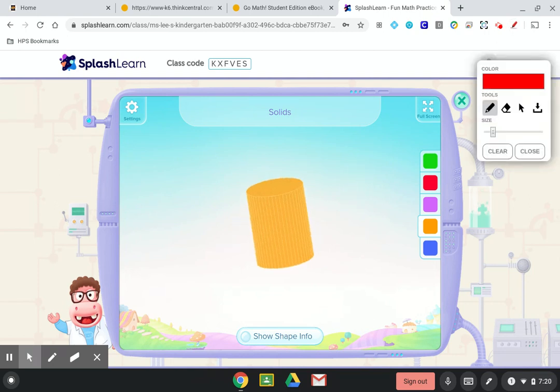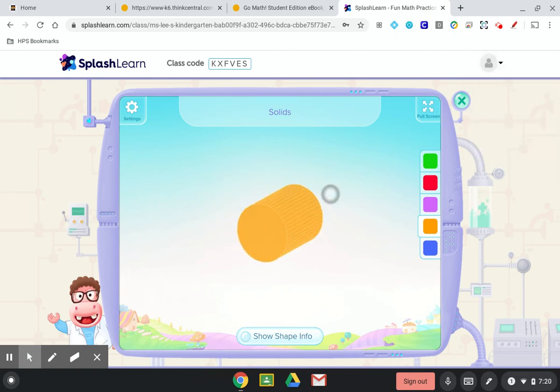One up here, and then on the bottom, there is another one hidden right here. So there's one and there's two. And then around the side, we have a curved surface.